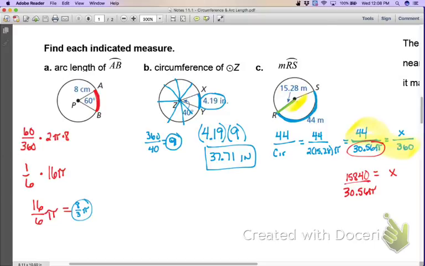You may have to put it in a parenthesis, depending on your calculator, because if you don't, you might get 16 or 1,628. If you put it in a parenthesis, you're going to get the right value of x equal to 164.99. Let's just go ahead and call it 165 degrees.